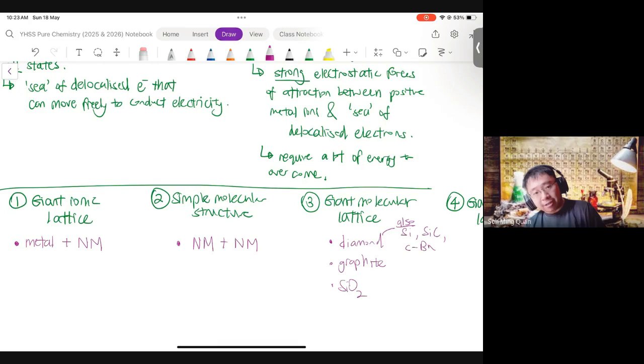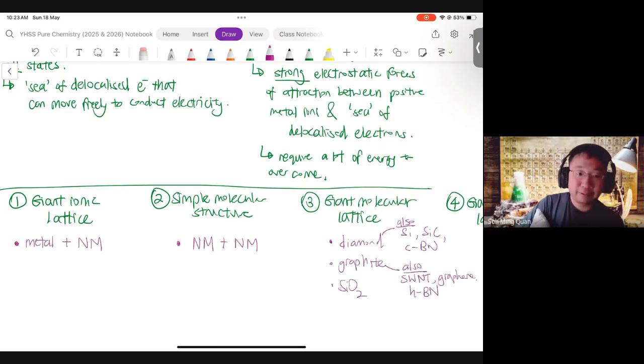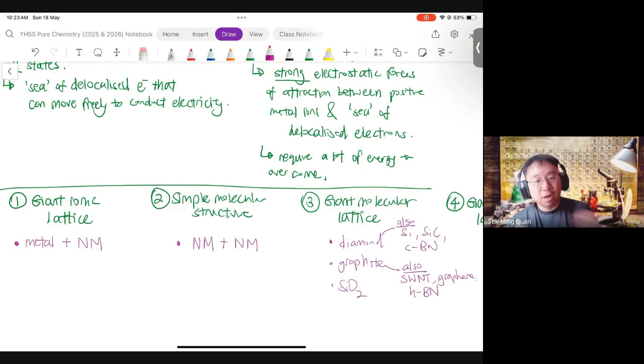Cubic boron nitride, similar structure to diamond. Graphite, also single wall carbon nanotubes. Graphene, hexagonal boron nitride. All right. So for giant molecular lattice, it pays to know. Finally, giant metallic is what?